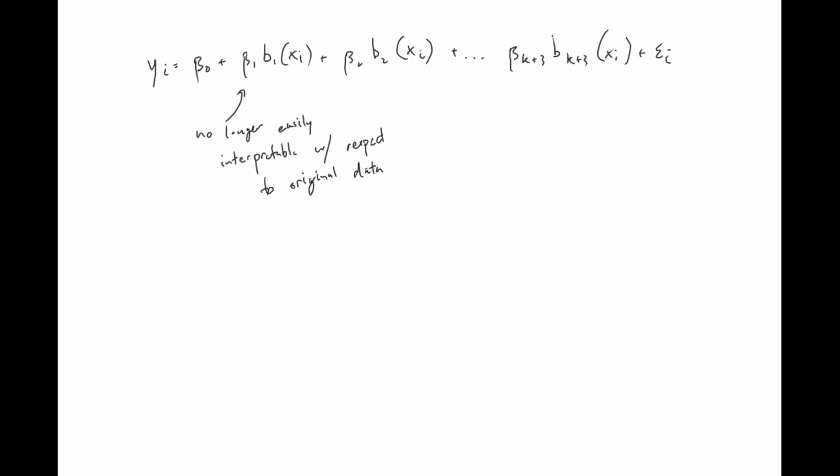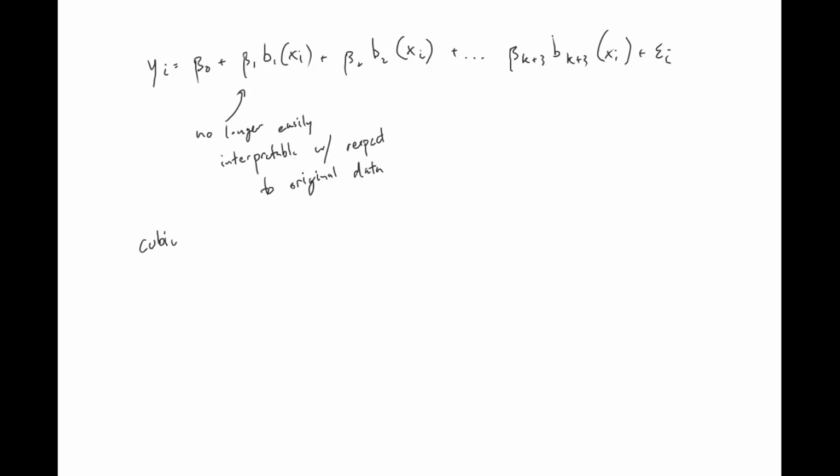But as you'll see in a moment, and as you can probably imagine, the amount of flexibility afforded by these splines and their ability to fit highly nonlinear functions is one of the big benefits that you're making as a trade-off to lose this interpretability.